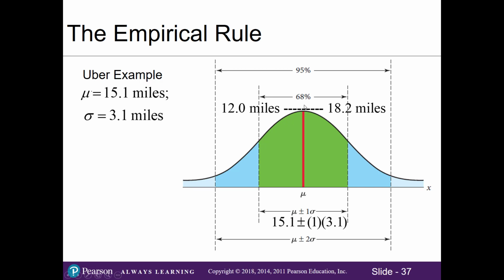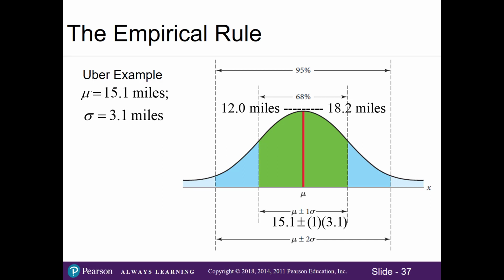In other words, 68% of our data values, or 68% of the rides that I will drive, is somewhere between 12 and 18.2 miles.